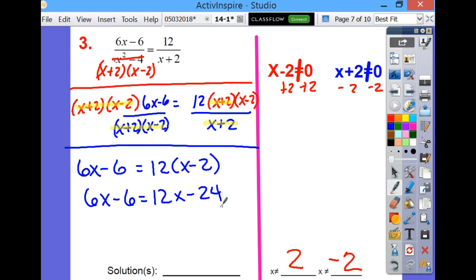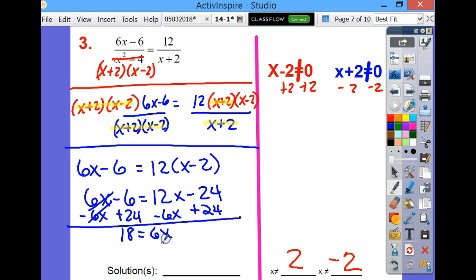Do I have any x squareds? Any x squareds in here? I do not have any x squareds, and so I combine like terms by subtracting the 6x and adding the 24, and the 24's cancel, and so what is x equal to?